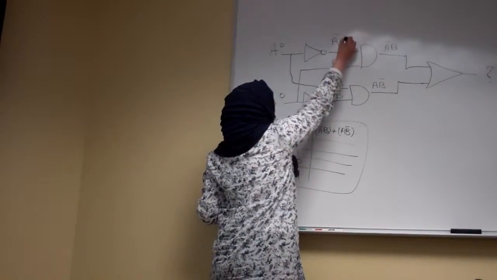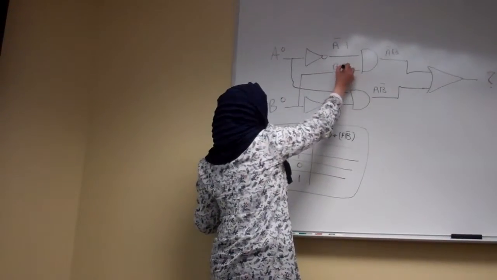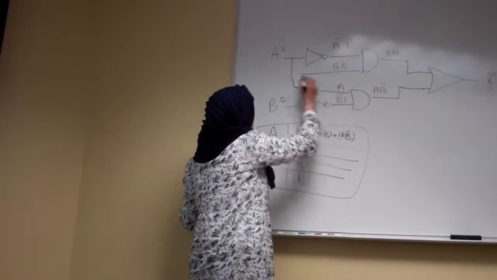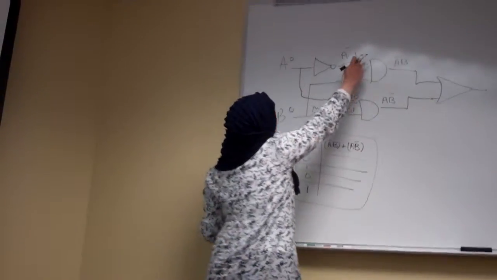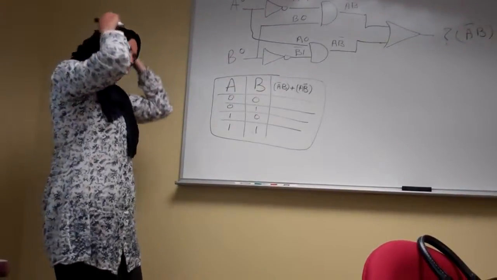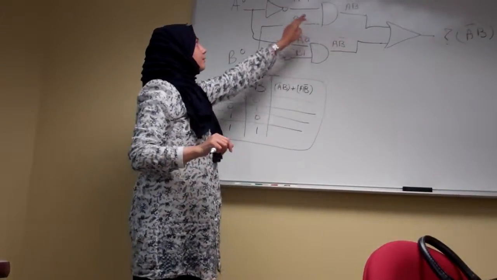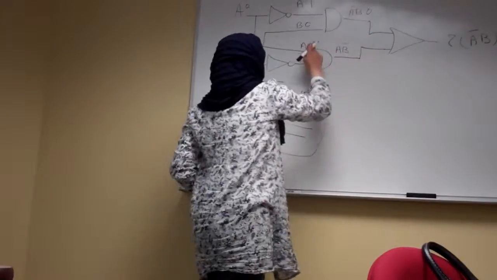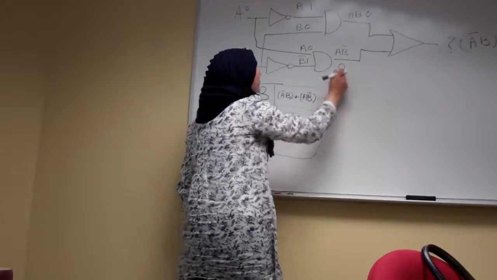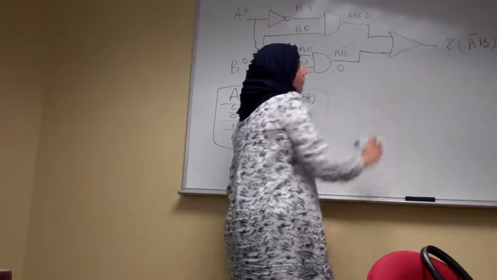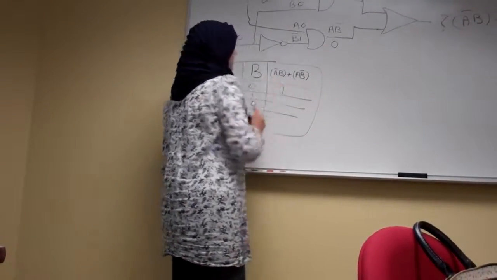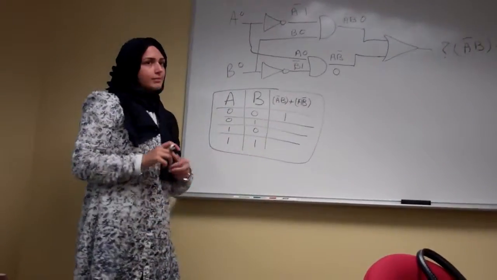Here it will be 1. And here B comes here, and B will be 1. And A 0. So 1 and 0 in the AND gate, what will it give? 0. And here 0 and 1 in the AND gate, 0. And 0 and 0 in the OR gate, 0. So this is the result of the first one.